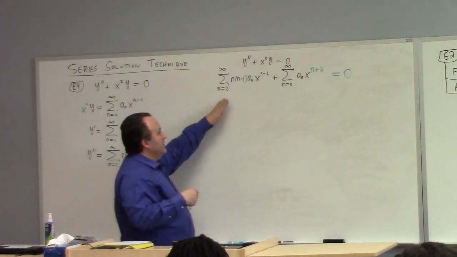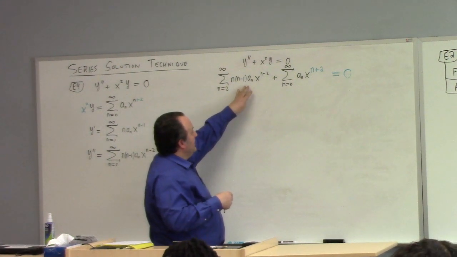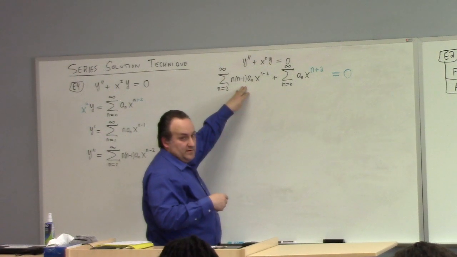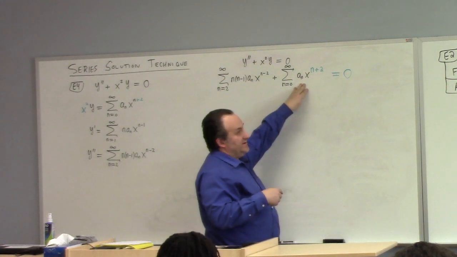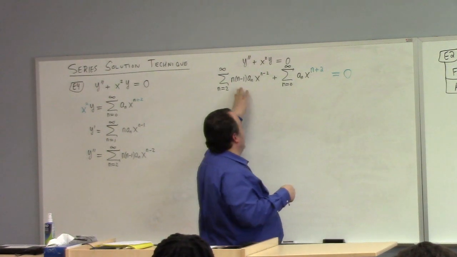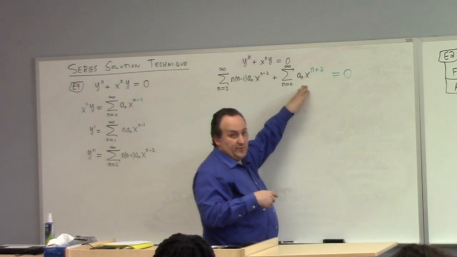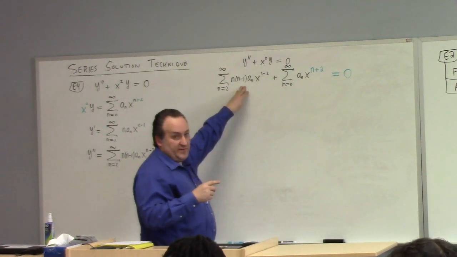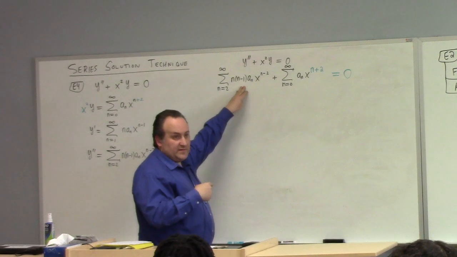This guy starts at the level of constants. This guy starts at x squared. So these are only common when we're at quadratic order. So what we want to do in this kind of case is separate off the lowest two terms here, because they're exceptional cases.